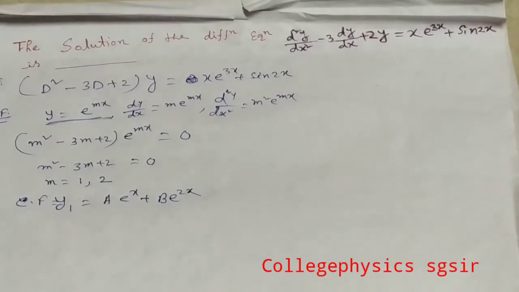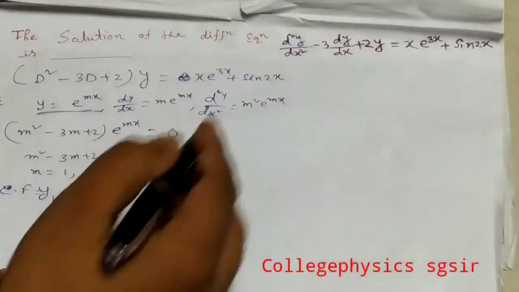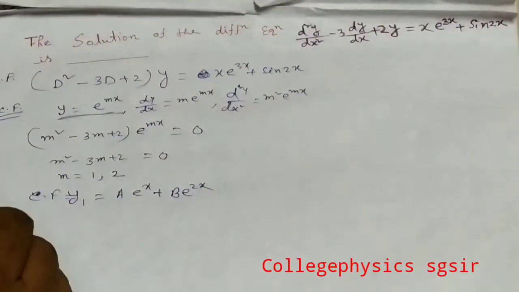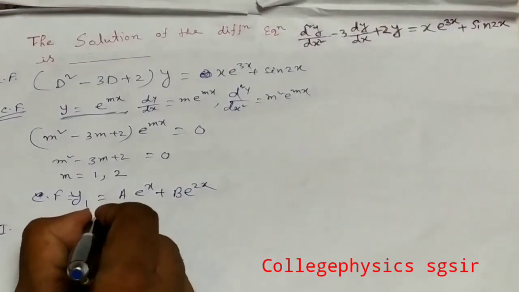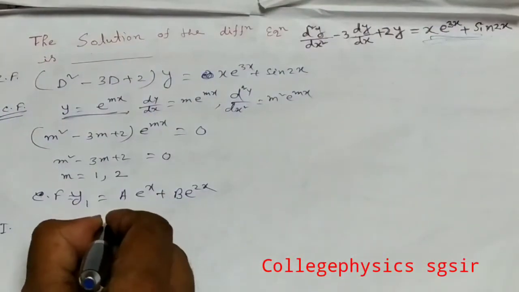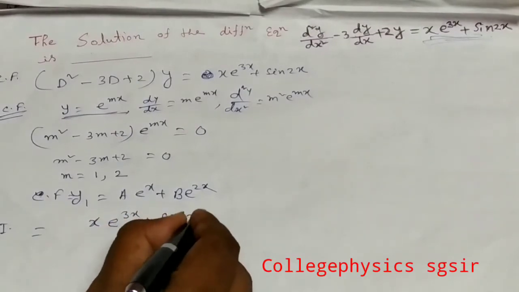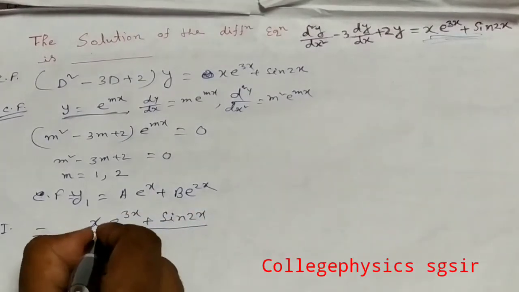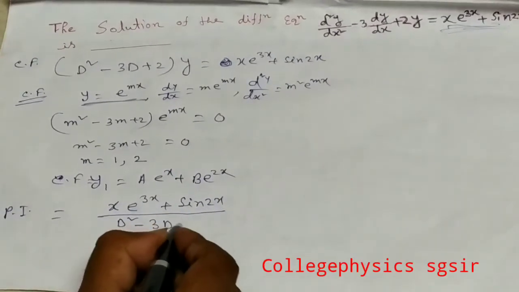Now we calculate the particular integral. The particular integral is equal to, we write the Q portion, x e^(3x) + sin 2x, divided by D² - 3D + 2.